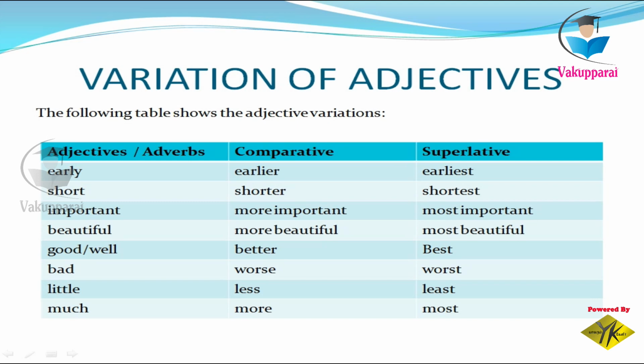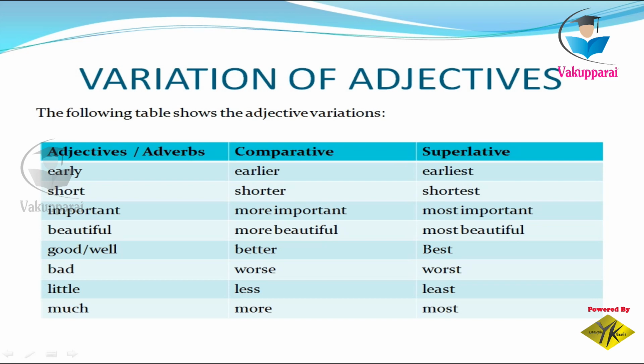respectively. Next, important and beautiful: these adjectives have more than two syllables, so we have to add more and most to form the comparative and superlative degrees. So: important, more important, most important; beautiful, more beautiful, most beautiful. Some irregular adjectives are also there in English.